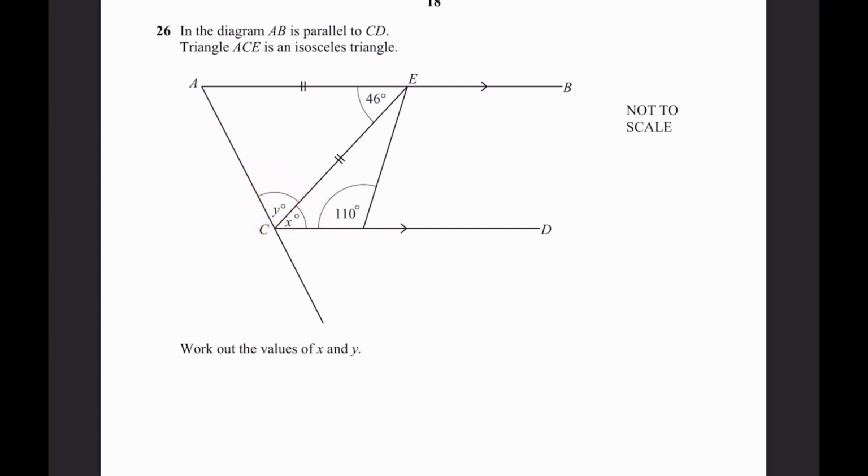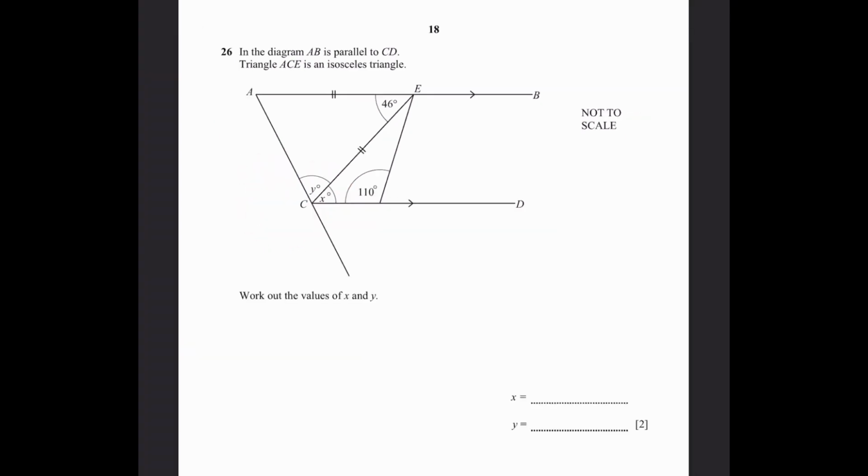We need to notice that this is an isosceles triangle, so we can find y easily. These two angles are equal, so this is also y. It adds up to 180, so 2y plus 46 equals 180. 2y is equal to 134, and y is equal to 67 degrees.